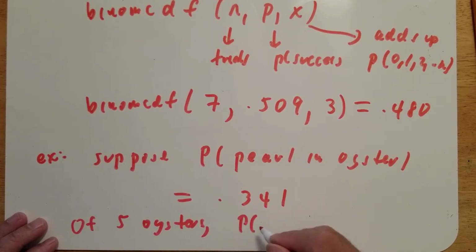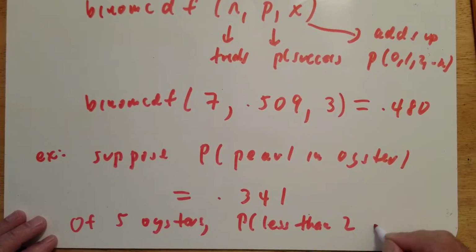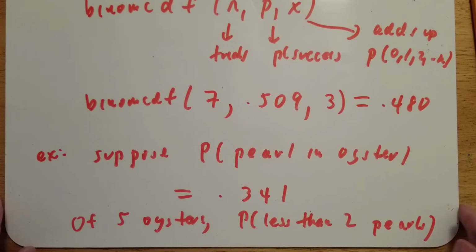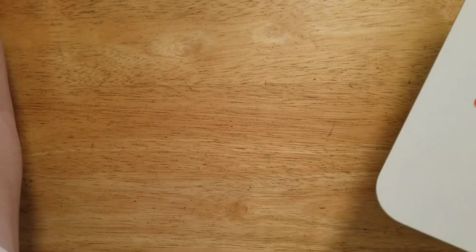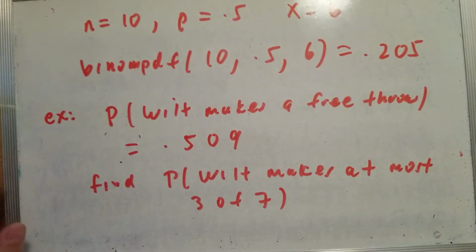Find the probability of less than 2 pearls. Again, our job is to identify the N, the P, and the X and look at the chart correctly.